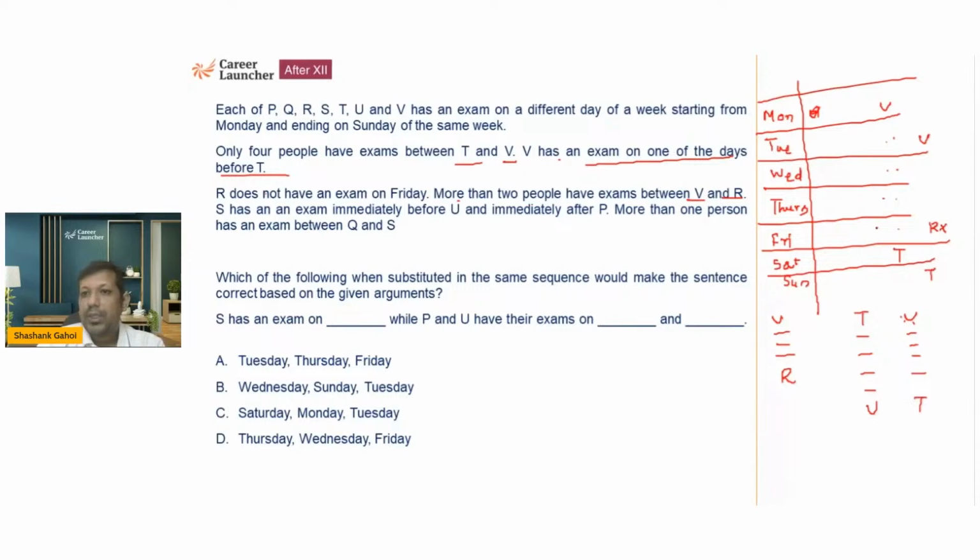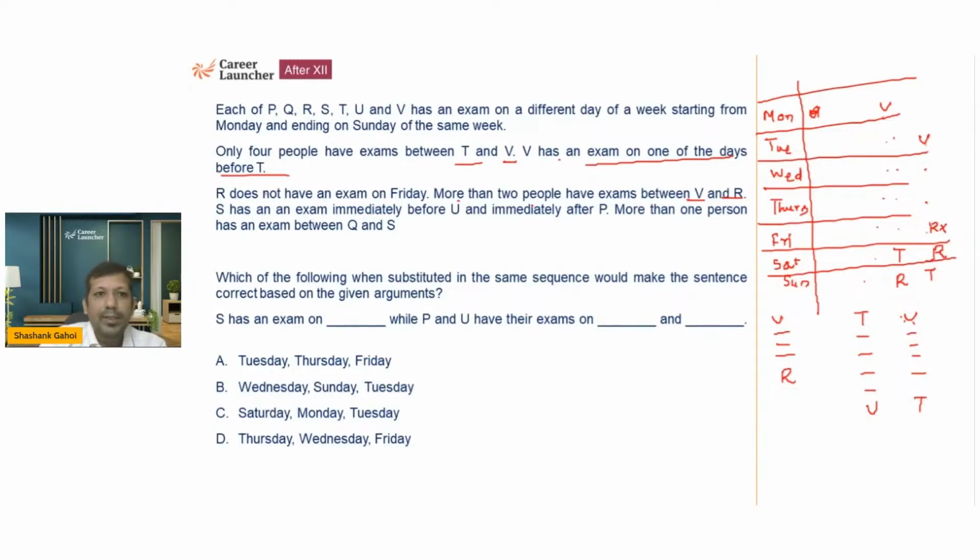Then R is going to be here, but that's also not possible. So R should be here. So if V is here, then R must be here. In the 2 different arrangements, I'm getting 2 possible values.